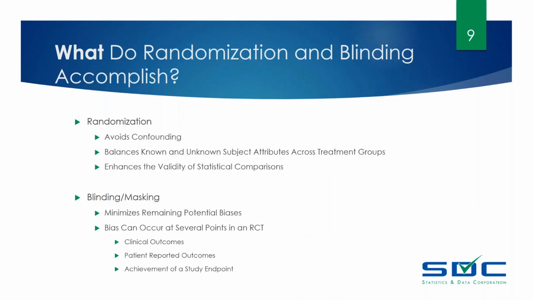What do randomization and blinding accomplish? Randomization is a powerful method to prevent confounding. Confounding is the bias that occurs when one group of patients have features, known or unknown, that affect the relationship between the intervention and the outcome of interest.